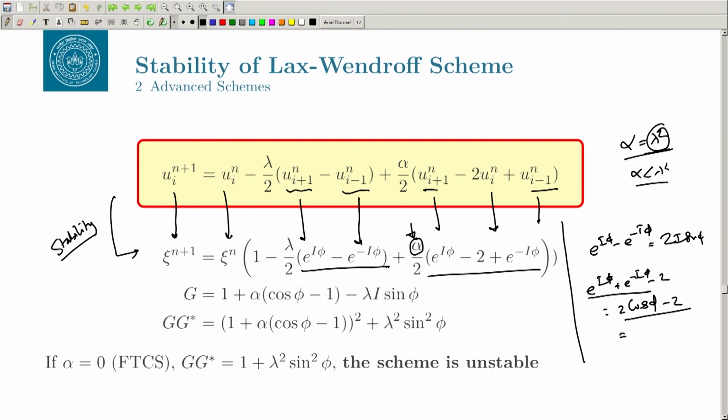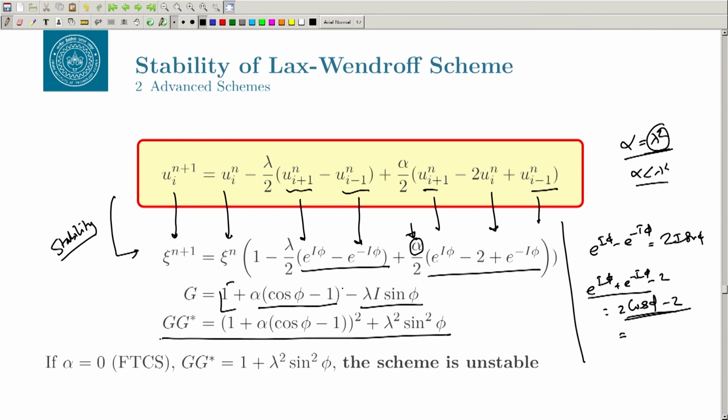Put it there, this is 2 i sin phi and the lambda is there. So, this will become lambda i sin phi, and this will become alpha (cos phi minus 1). The 2 will get cancelled out, and then we take the magnitude of this amplification factor, g g star.